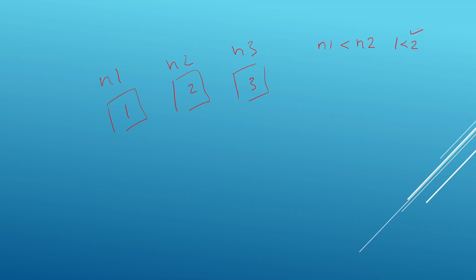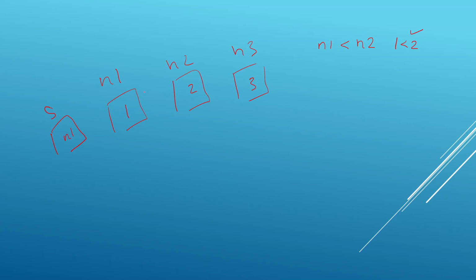This is true, the condition is true. So right now we can take another variable, let's say smallest number. With these two conditions, the smallest number is 1, that is n1 is the smallest.